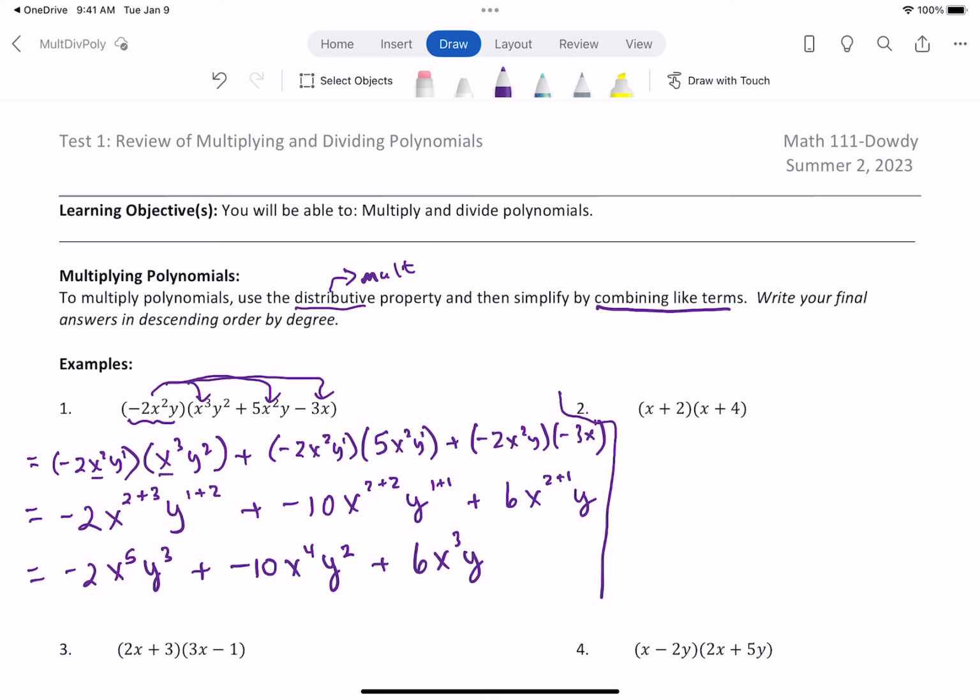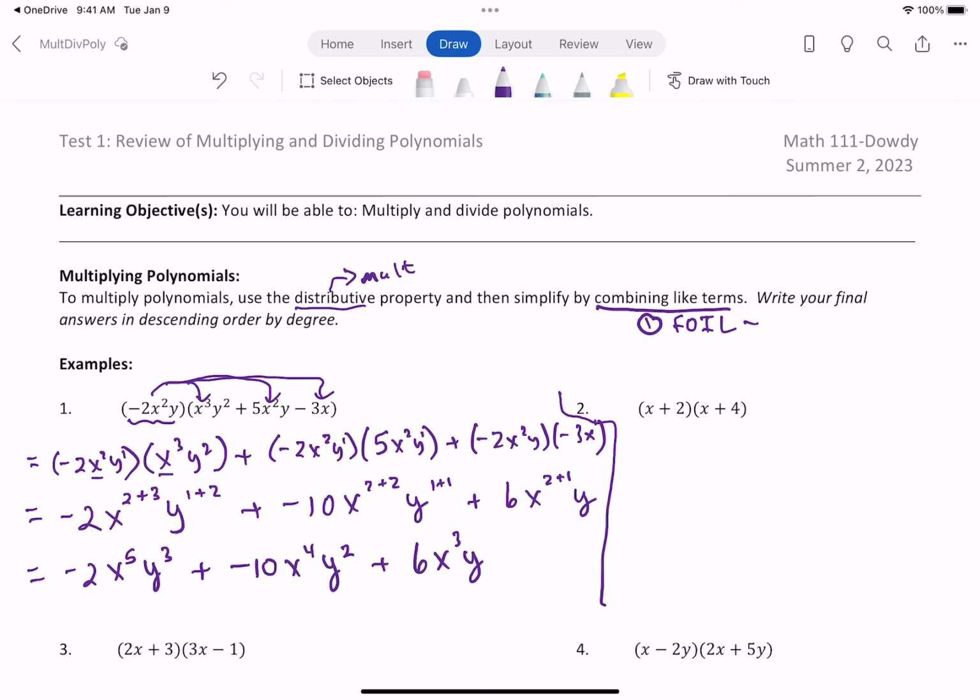Now for the next problem, you notice each parenthesis has two terms, so this is what we would call a binomial times a binomial. There are three methods that we normally teach for multiplying these. The first one you've probably heard before, is using the acronym FOIL.